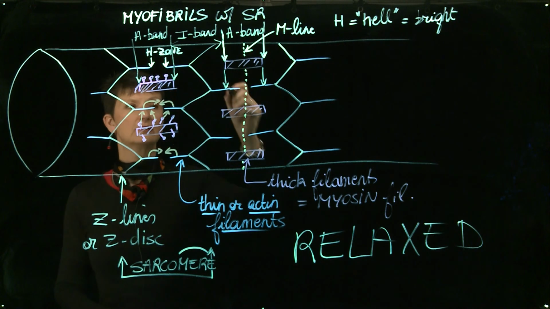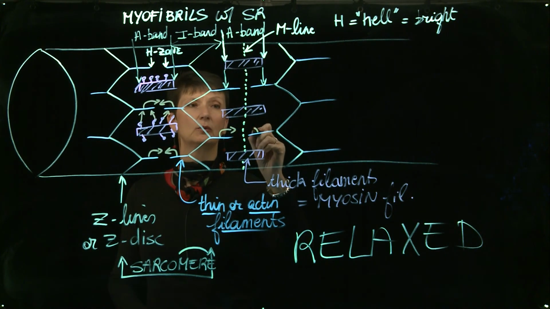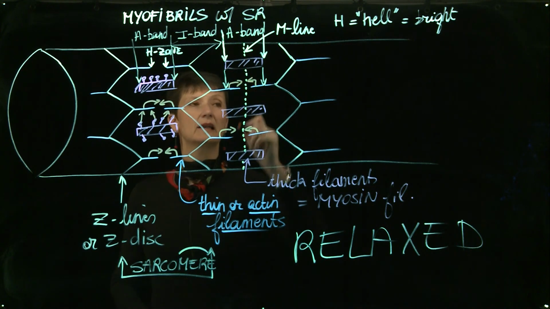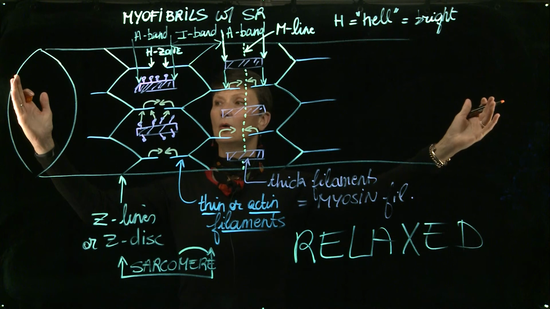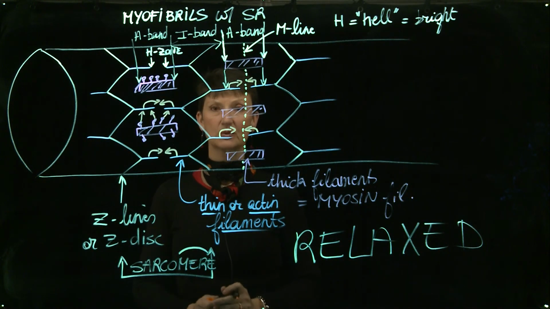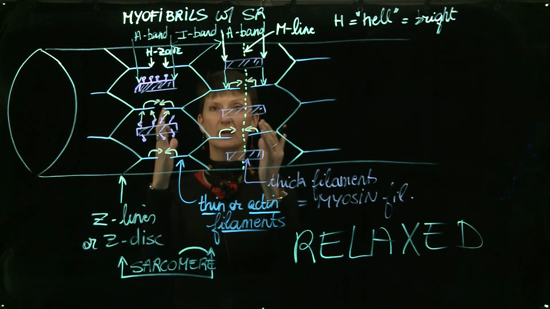So all of these thin filaments are going to be pulled into the H zone. And ultimately, that leads to this whole myofibril, as well as the other myofibrils, which are going through the same process, to start to shorten.